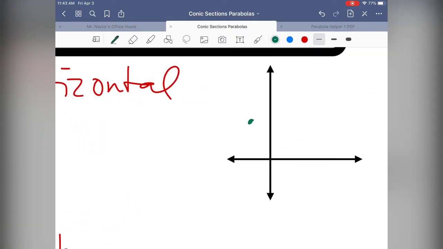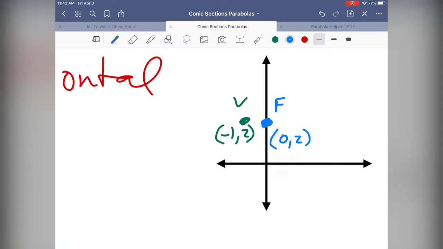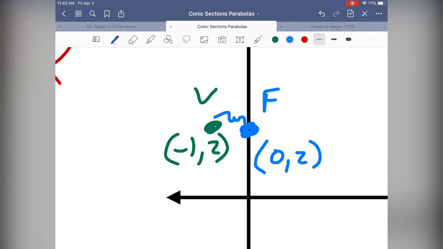Now, you want to graph the vertex correctly and carefully. Of course, it's at -1, 2. The p-value, remember, was 1, and so that means that the distance to the focus is only 1 away from my vertex. So I'm able to locate that visually to be at 0, 2. This distance right here was only 1, which also allows me to go backwards to the directrix 1 unit.